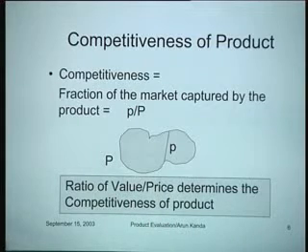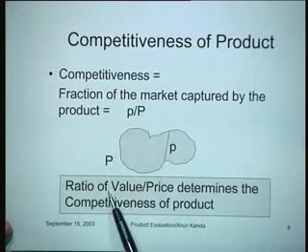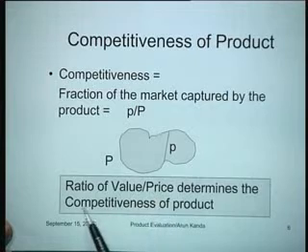Value is the subjective estimate of the worth of a product that the consumer perceives for your product. Right? So if your product offers greater value for a lesser price, this ratio to a very large extent then determines the competitiveness. So which are the major parameters that companies can play with in order to capture markets and in order to introduce products?